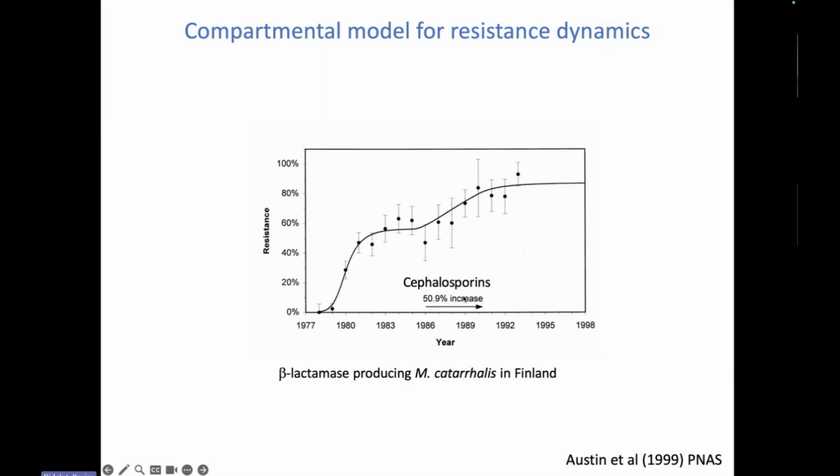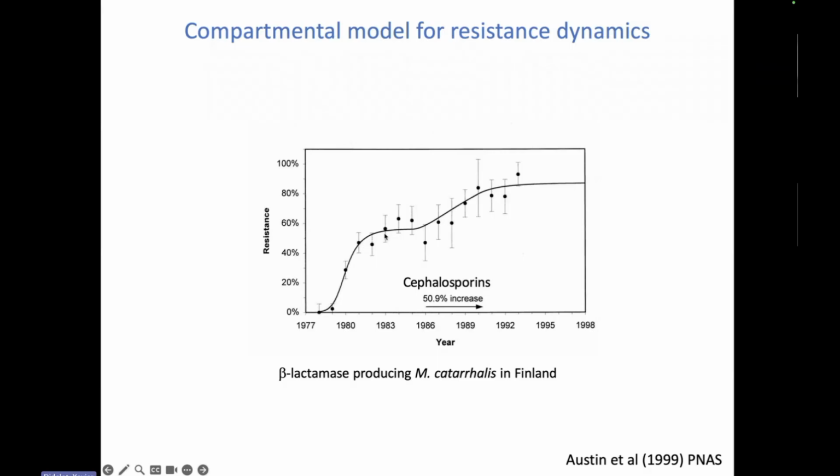There was an increase of about 60% in the use of cephalosporins in Finland between the 80s and the 90s, as you can see. And at the same time, and that's what the dots and the bars show us, we see an increase in the percentage of resistance to cephalosporins in this bacteria. And the line is what the model predicts.